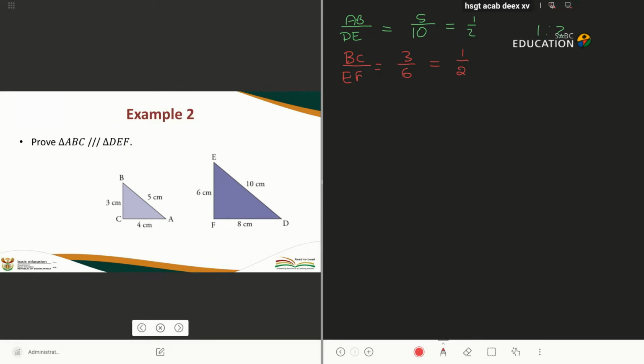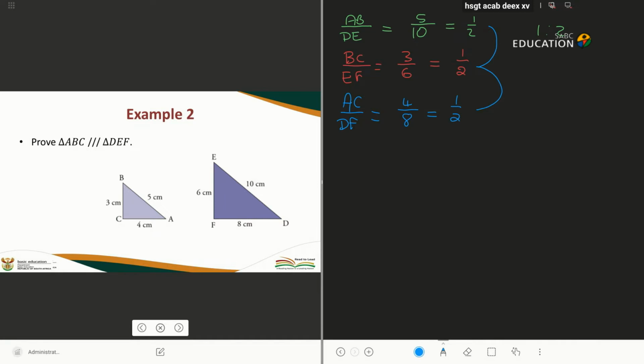Then we do the last one and we do A and C divided by D and F. So AC has a length of 4 centimeters and DF has a length of 8 centimeters, and you get a half. So now what you will need to see is that these three fractions are the same, meaning the ratios would be the same.